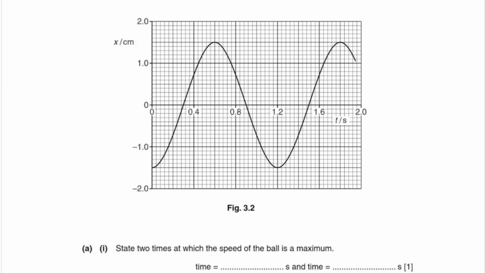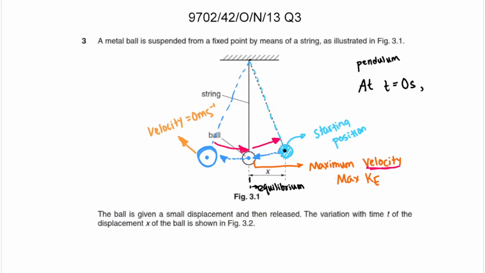So in figure 3.2, we can see that at time t equals 0, the pendulum has a displacement of minus 1.5 centimeters. If we come back to figure 3.1, we can see that originally, at the beginning, the pendulum was displaced towards the right.